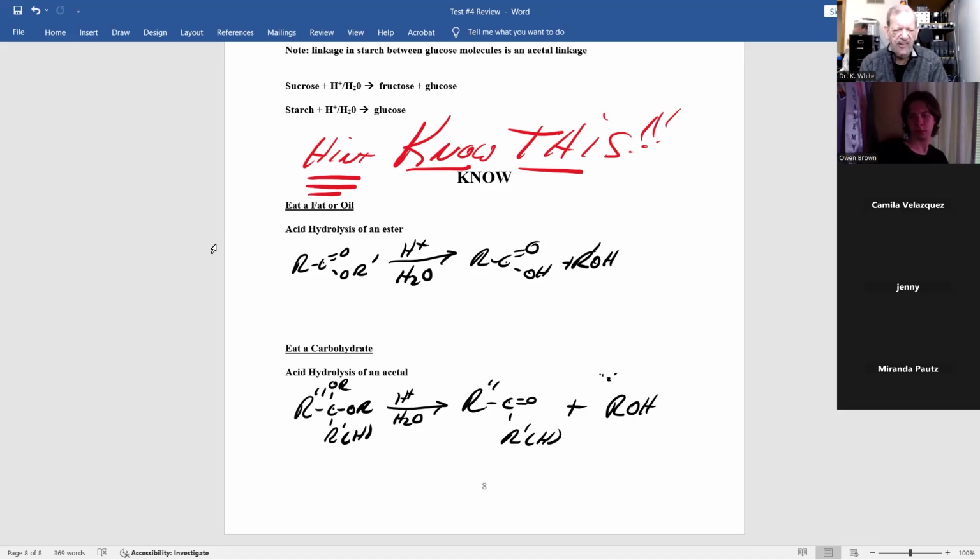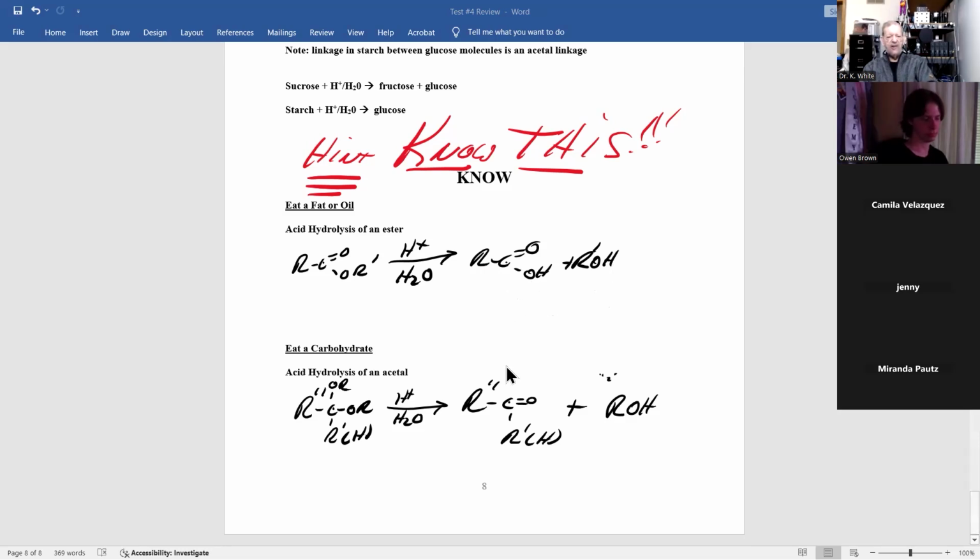So there's acid hydrolysis of an ester. The key functional group in fats and oils is an ester. So in words, that's acid hydrolysis of an ester. And you learned for test number 3, ester, H plus as acid, water, you get back the carboxylic acid and the alcohol you would have used to make that ester. And your body does that to fats and oils.